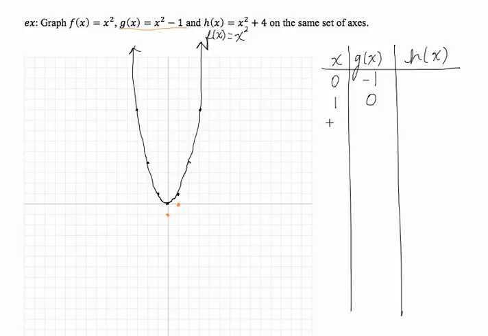And if we plug in negative 1, all squared is also 1, minus 1 is also 0. So there's those points. Let's plug in just a few more here. How about 2, negative 2, 3, and negative 3. And that should be plenty of points to get a pretty accurate graph.